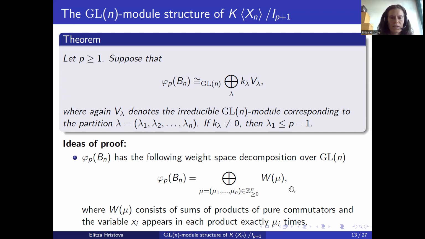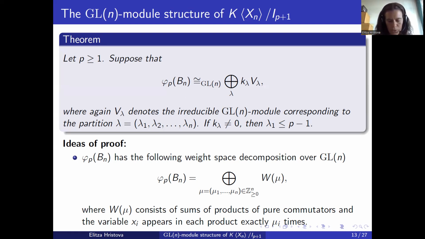And this means that if we want to estimate the largest value of lambda 1, it is enough to estimate the maximal number of appearances of the variable x1 in a product of pure commutators. And how can we do this?